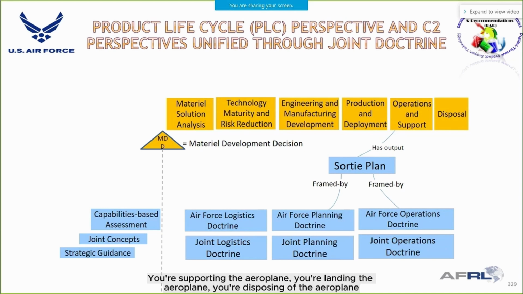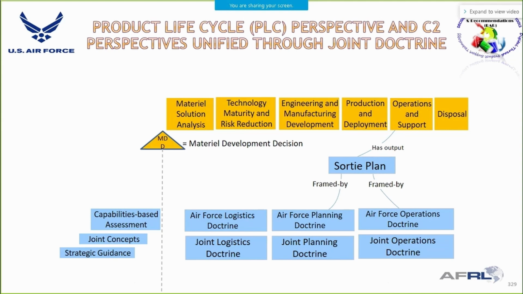You're supporting the airplane. You're landing the airplane. You're disposing of the airplane at the end of its life. And the whole thing then starts again. You have a new problem, a new kind of aircraft you want to build. You design it. You use the technology. You manufacture. You deploy, and so forth. So that's the product life cycle.